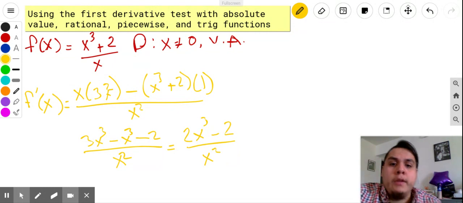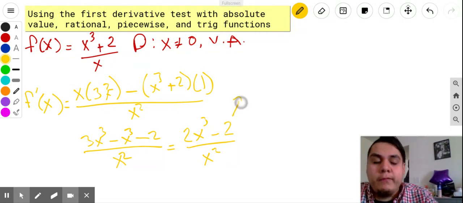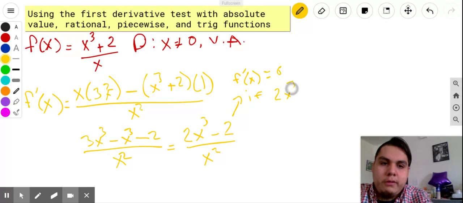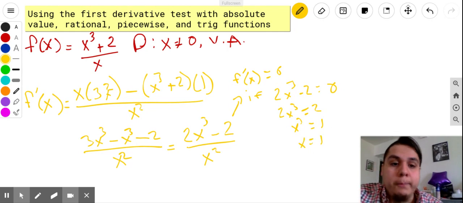Okay? So take the top equal to 0. So f prime of x will equal 0 if 2x cubed minus 2 is equal to 0. So that means 2x cubed has to equal 2, meaning x cubed should equal 1, meaning x should equal 1.